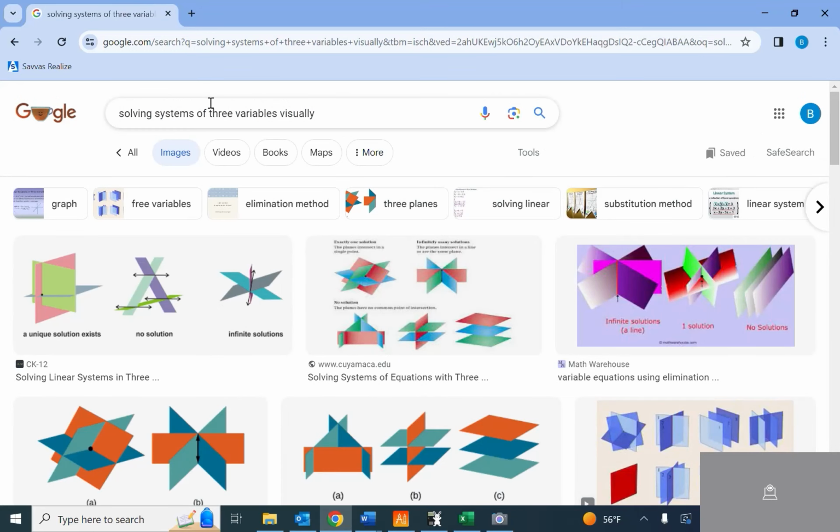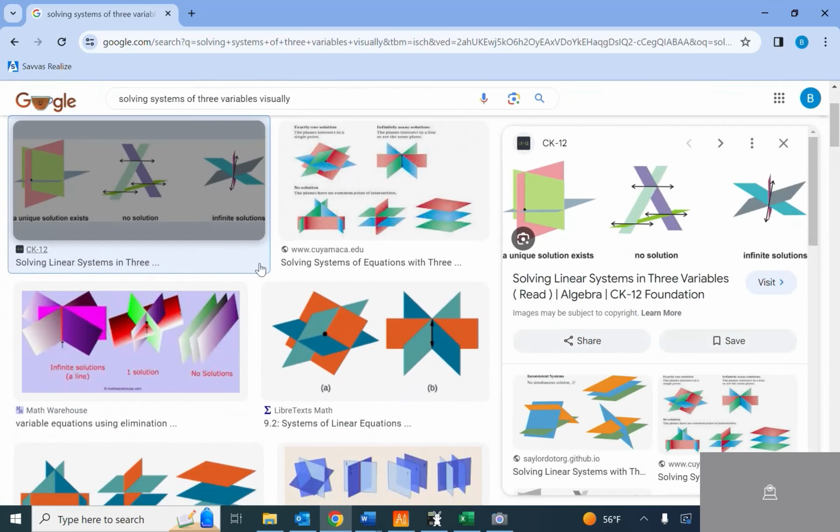This is why I had a hunch it was a plane. We have a unique solution, which means this is the point where three planes exist. And I don't even know why I said plane.